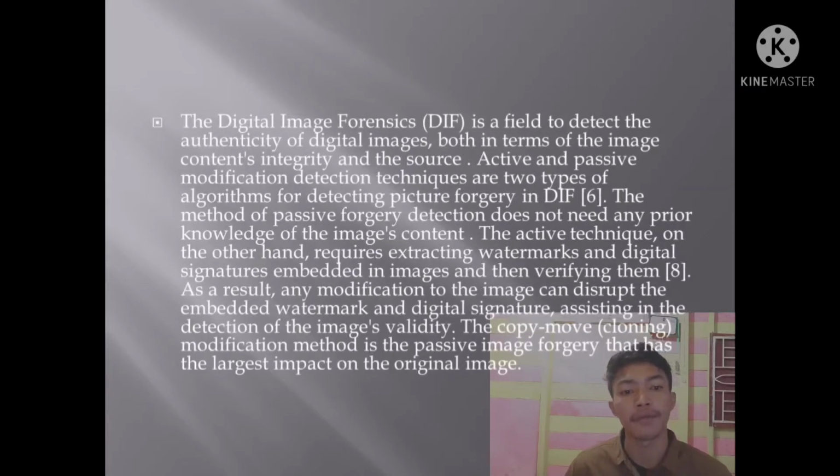The method of passive forgery detection does not need any prior knowledge of the image content. The active technique, on the other hand, requires extraction of the watermark and digital signature embedded in the image and verifying them. As a result, any modification to the image can disrupt the embedded watermark and digital signature, assisting in the detection of the image validity, the copy and move, or cloning.